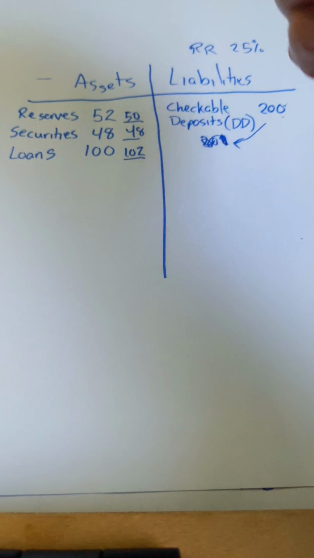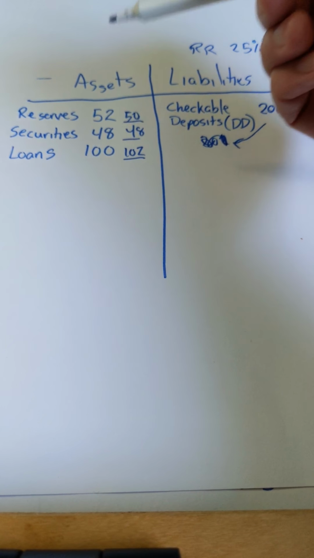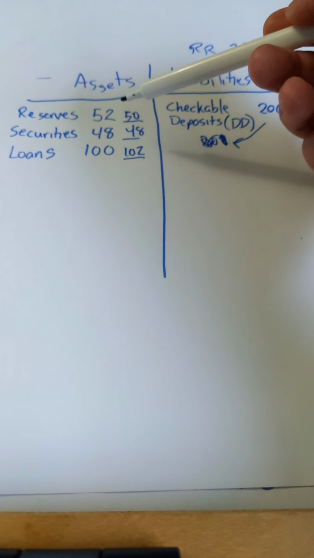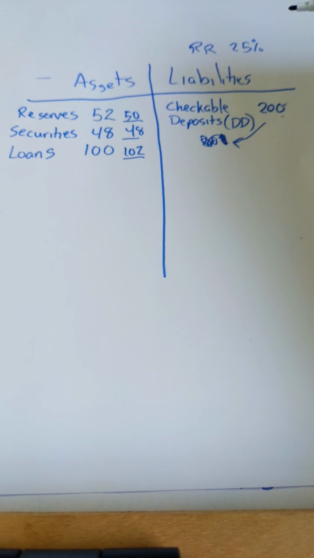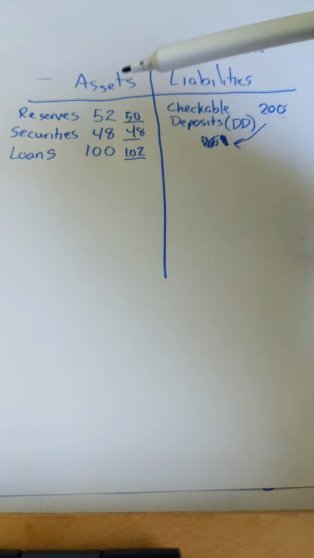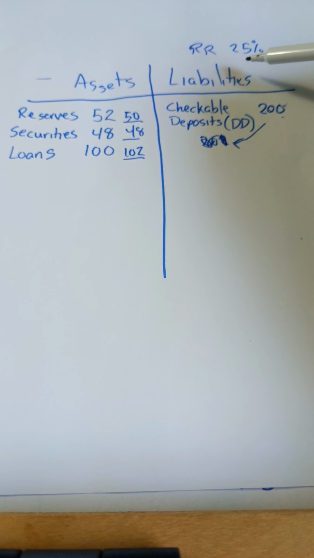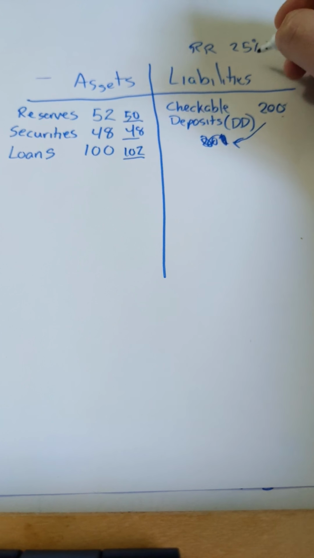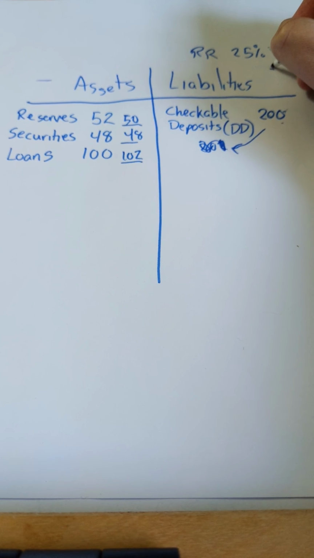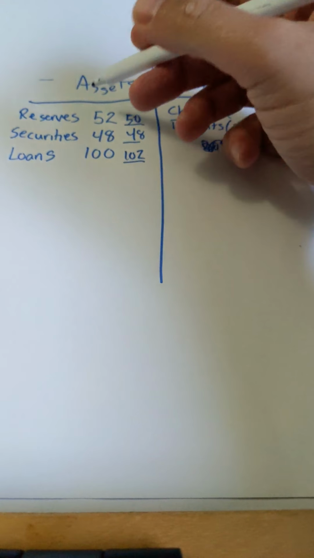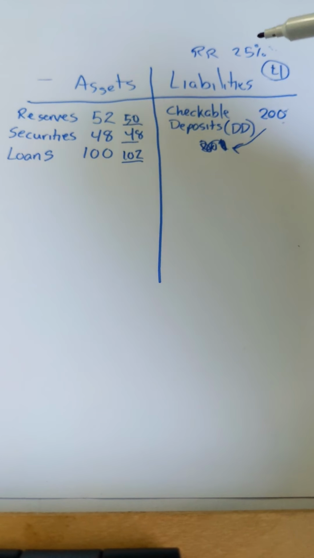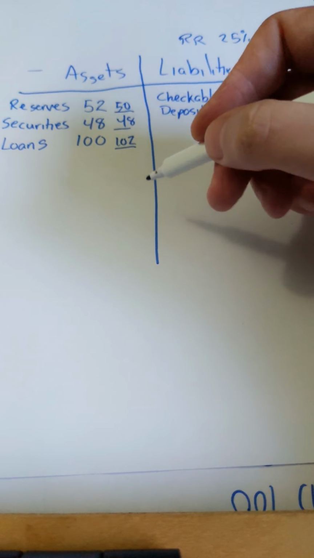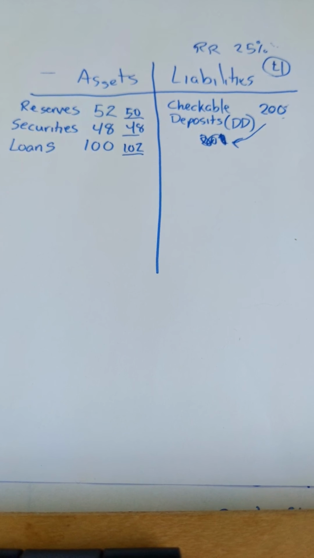And if we go back to the formula we've talked about, the initial change in the money supply times the multiplier equals the total change in the money supply. If we have a reserve ratio of 25%, the multiplier is 1 over the reserve ratio, which gives us a multiplier of 4, meaning that $2 loan we created turns into 2 times 4, or $8 in money supply change.